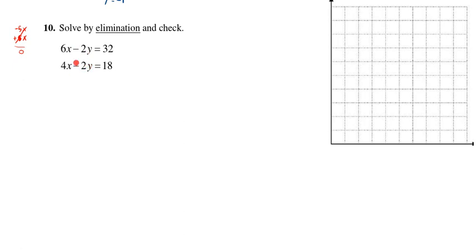The problem is that we have the same sign, so we want to take one of these negatives and make it into a positive. If we have -2y and +2y, then we will be able to eliminate the y's. So I need to make this negative positive.